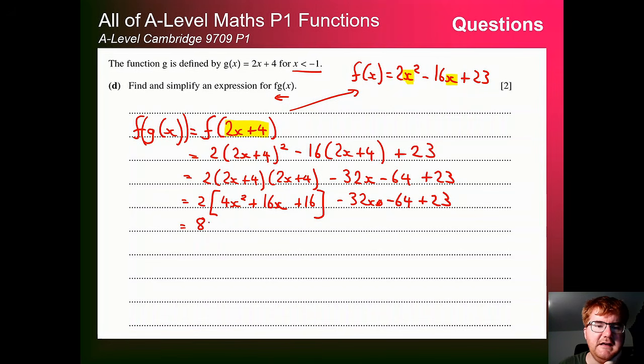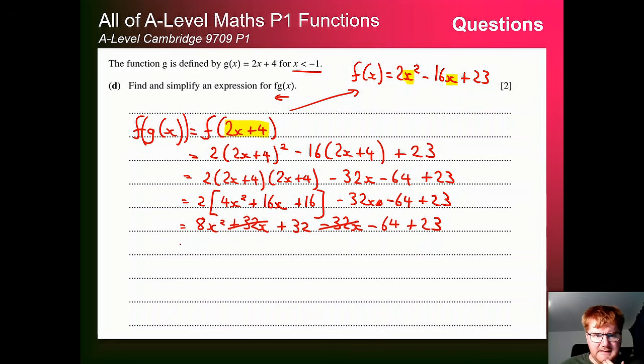That gives us then 8x squared plus 32x plus 32. We'll get a cancellation here with the x's, that's great. So this cancels here, this cancels here.